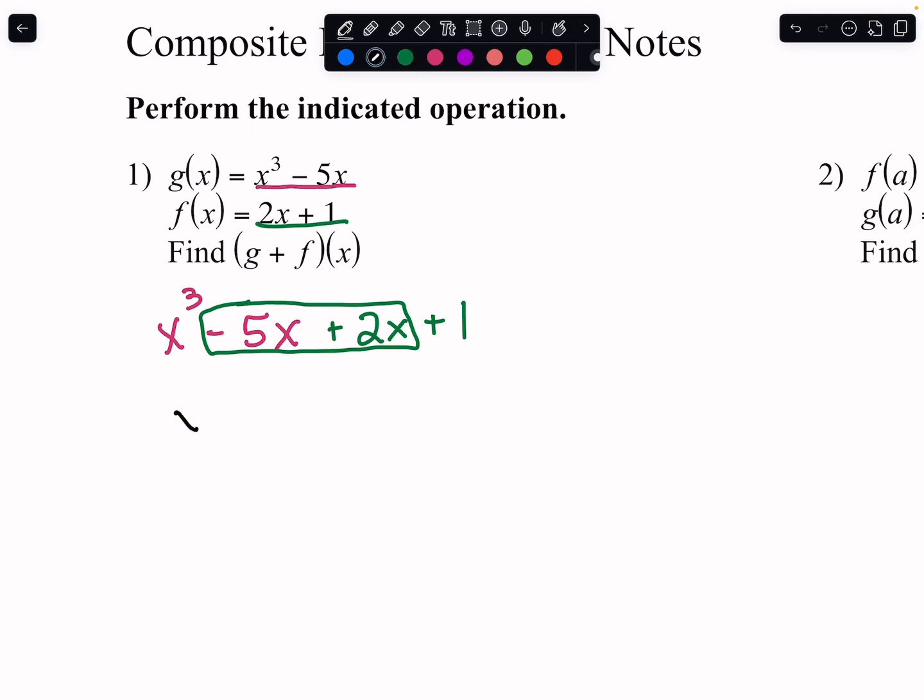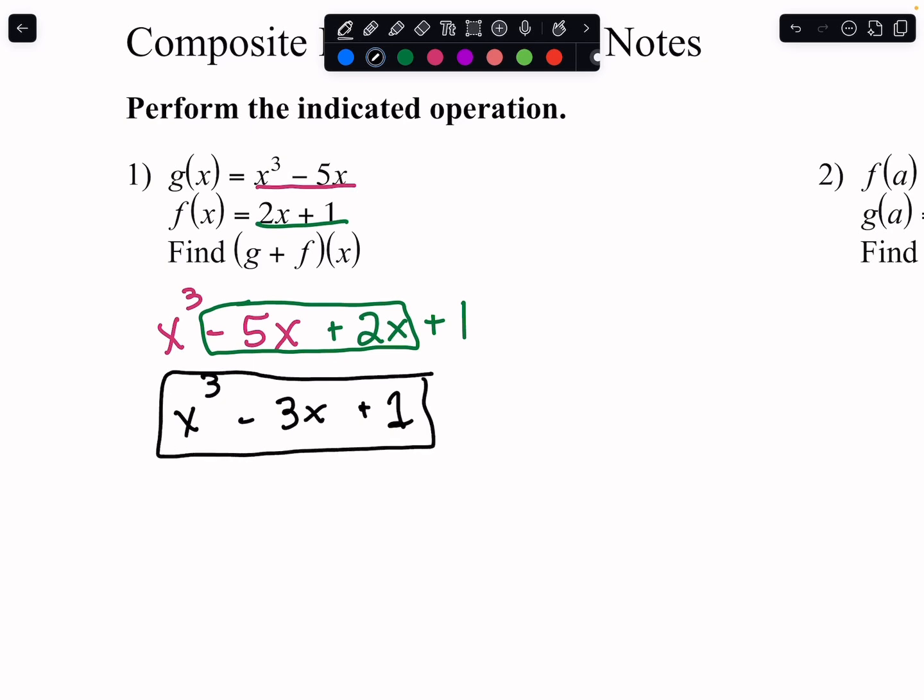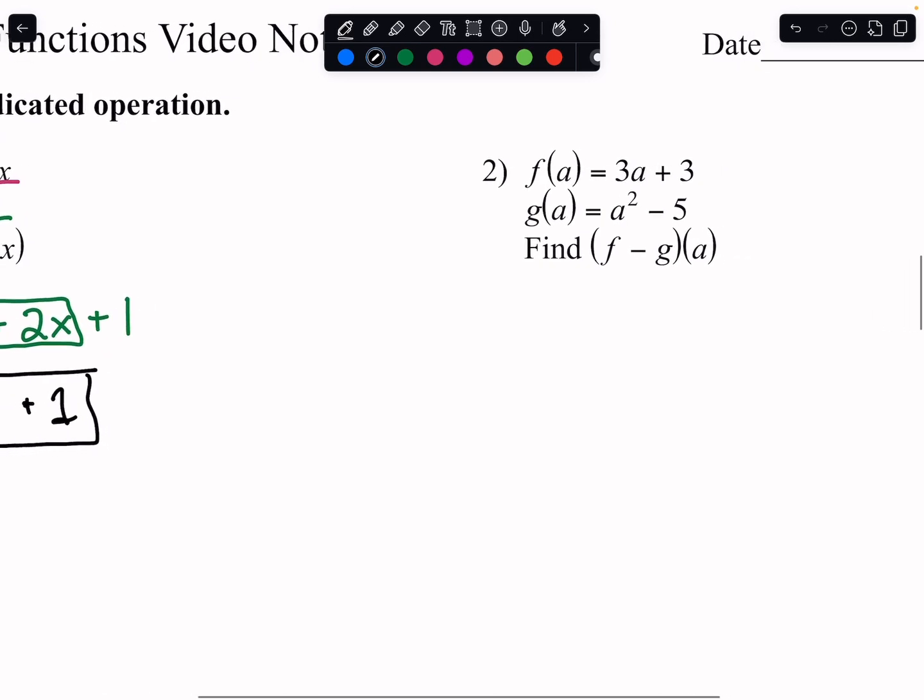Our final answer is going to be x cubed minus 3x plus 1. That is a composite function. When you add g of x to f of x, you end up with x cubed minus 3x plus 1.